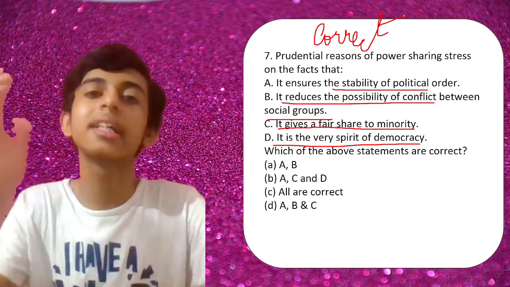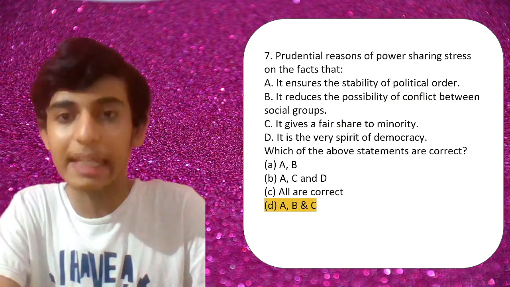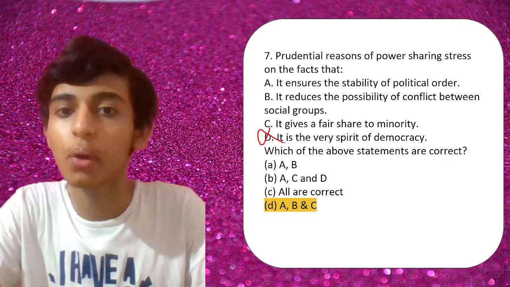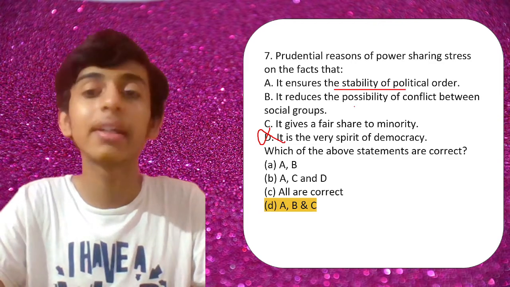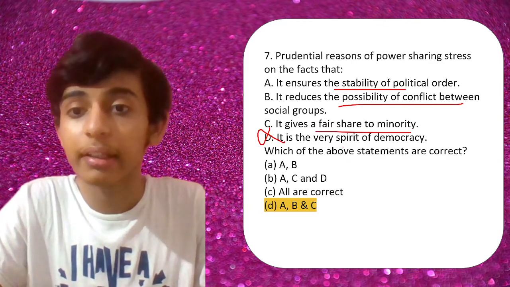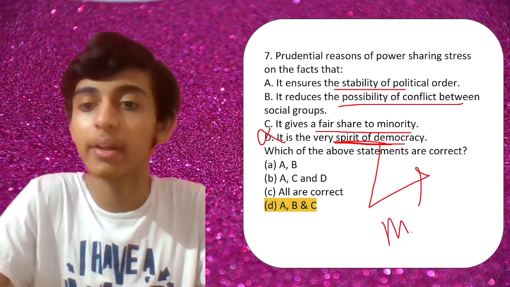What do you think? Which statement is going to be correct? Your time's up. A, B and C, because prudential reason is not the spirit of democracy. It is going to ensure political stability, it will reduce conflicts, it will give fair share to minority, but this is not a part of prudential reason, this is a part of your moral reason.